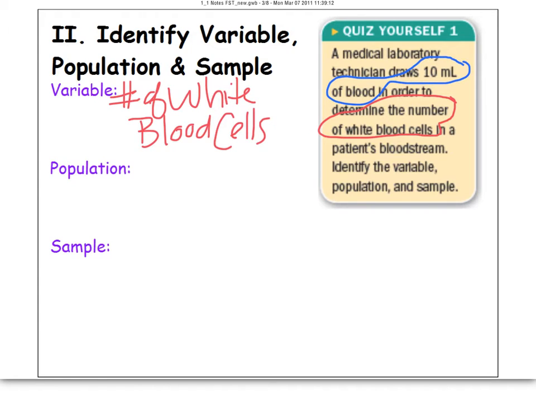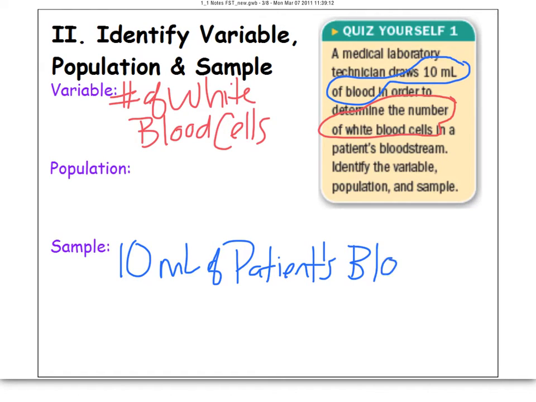So our sample is the 10 milliliters of patient's blood. So then to determine what is the population in which this sample was taken, just be thoughtful. If we're taking 10 milliliters from the patient's blood, the entire population would therefore be all the patient's blood.